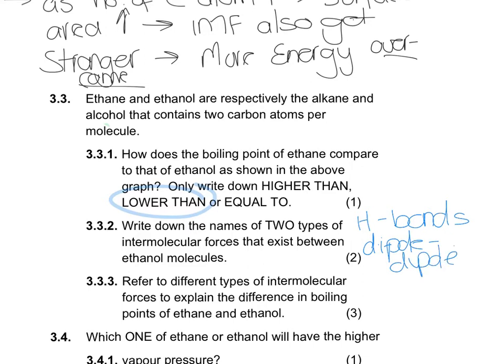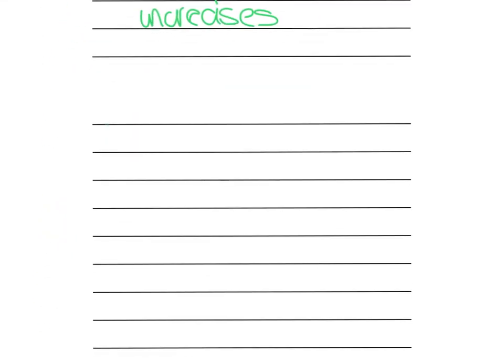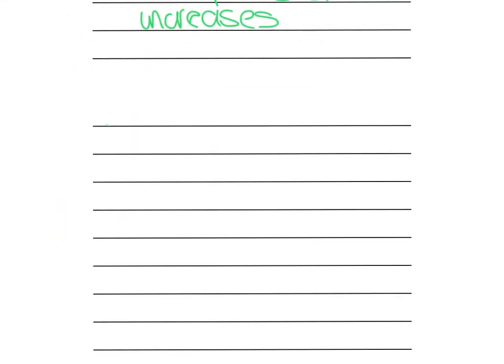Then they say to refer to the type of intermolecular forces to explain the difference in boiling point. Now, this is where you've got to be really careful how you actually write this out. Okay? So, we're now looking at 3.3.3. Okay, so we're going to write this out.